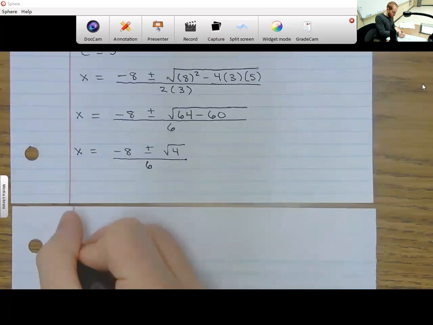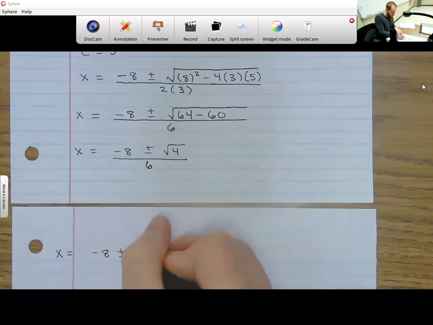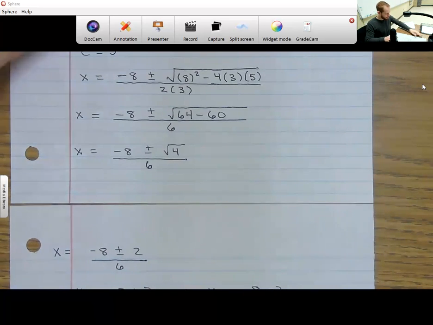So I'm going to have x equals negative 8 plus or minus 2. Everything is divided by 6. So now that I have my plus or minus, I can break up my answer into 2 different solutions. I'm going to have x equals negative 8 plus 2, where everything is divided by 6, or I could have x equals negative 8 minus 2, where everything is divided by 6.